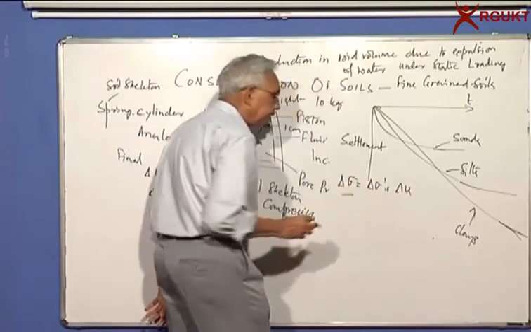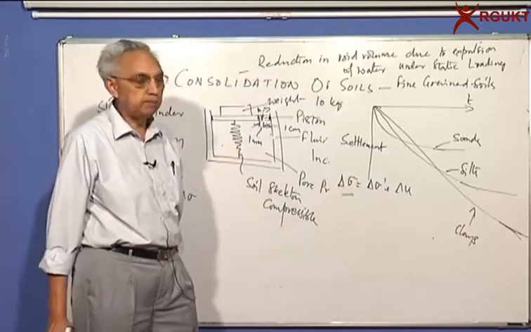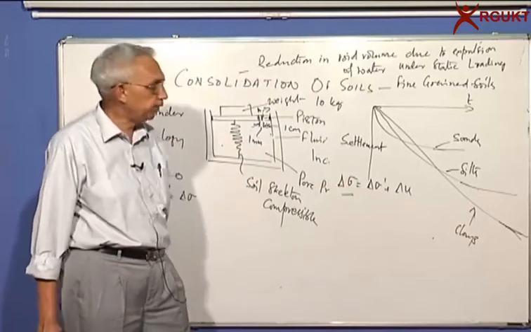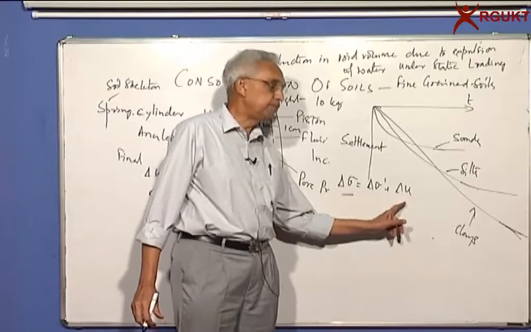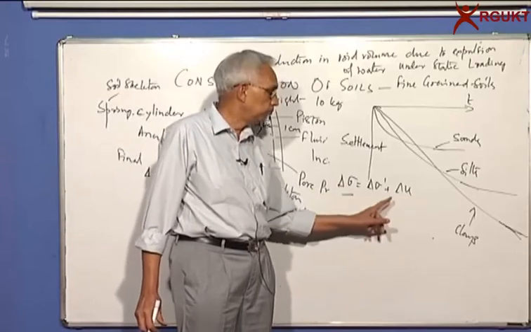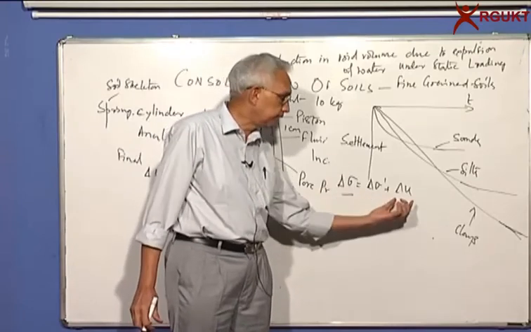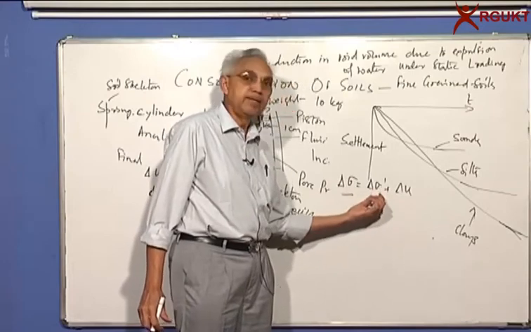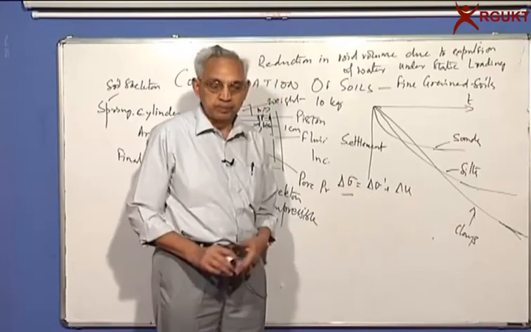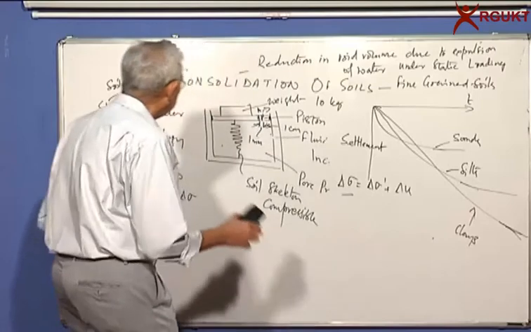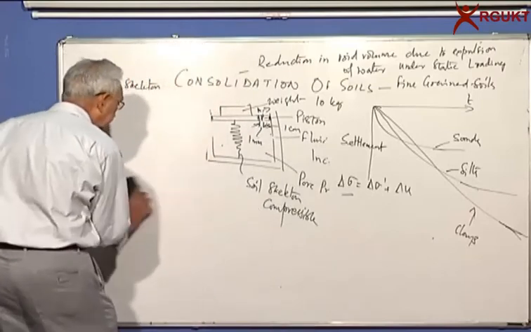Please remember, you have put in a weight of 10 kilograms or whatever it is, or maybe 50 kPa. Initially, that 50 kPa goes straight to the water, and as time passes, pore pressure decreases and the effective stress increases. So again, you can plot in a simple way to illustrate.